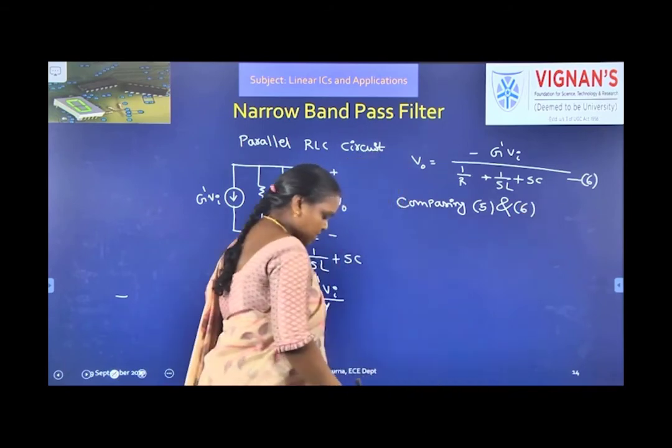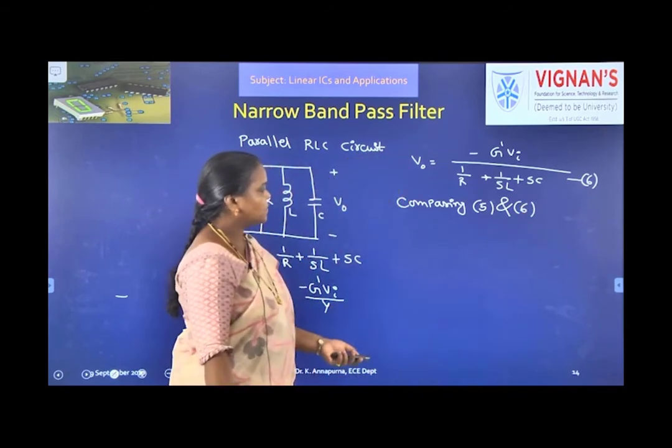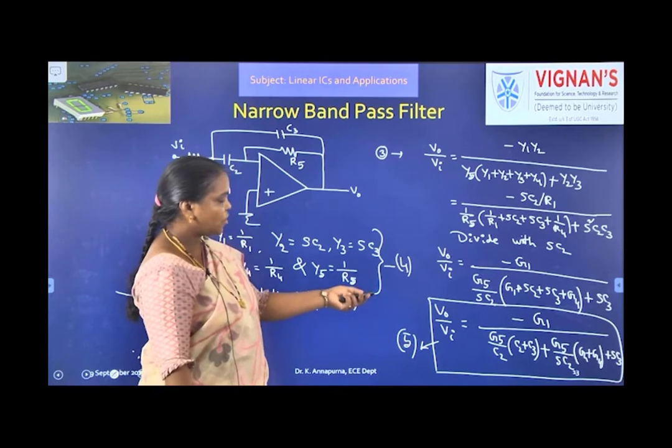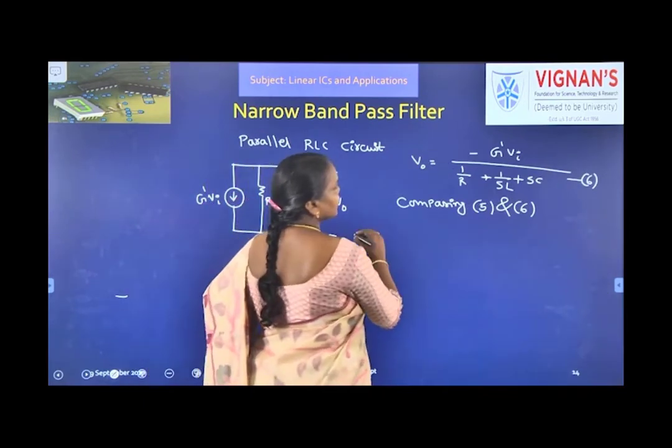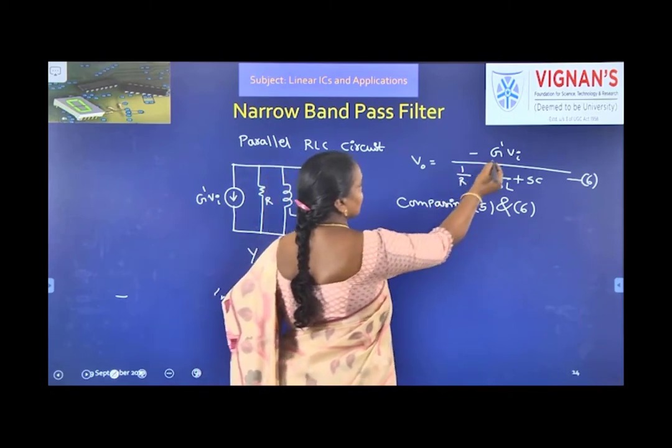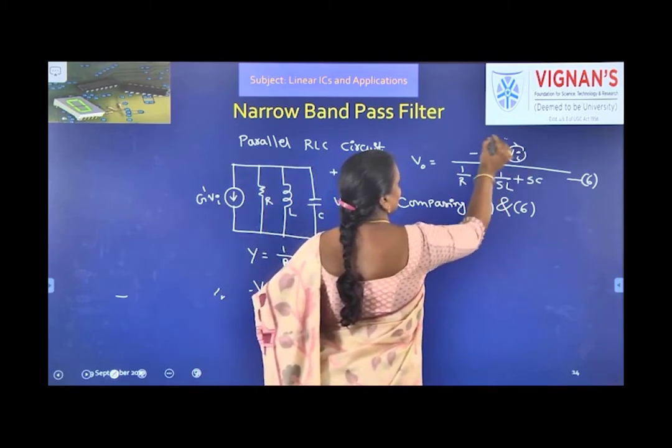What will you get? So what is 5? Just now we have solved V naught by Vi is equal to minus G1 by, okay, here also we can take this Vi to this side.